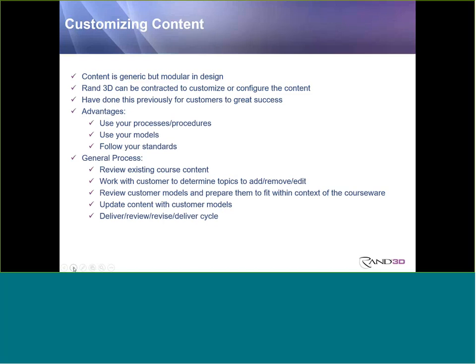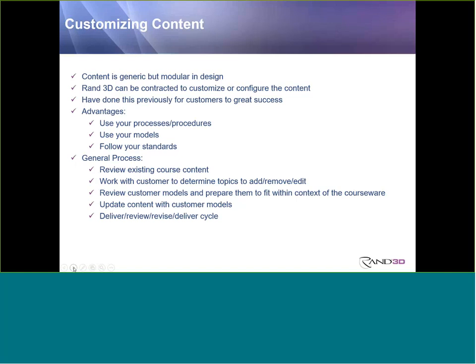So typically and generally when we do these custom engagements, we have the customer review our standard courseware, and we sit down with the customer to determine the topics that we may want to add or remove or edit. And we review the customer's model so that we understand exactly how they were created, what aspects of those models are important to them, and make sure that we can manipulate those and get them to work within the context of the courseware.